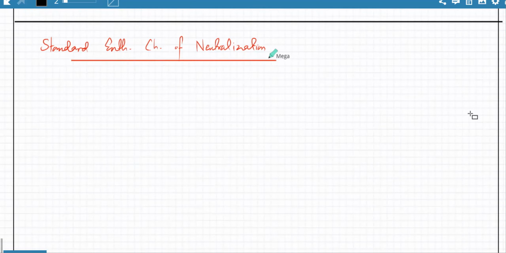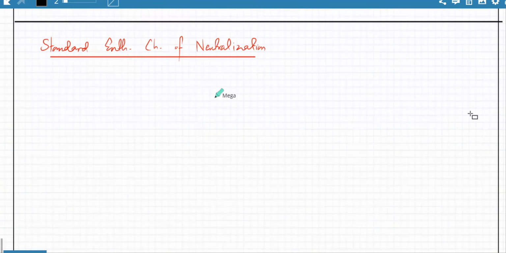Now, by just looking at what it is, neutralization is an acid-base reaction, and it's always exothermic.